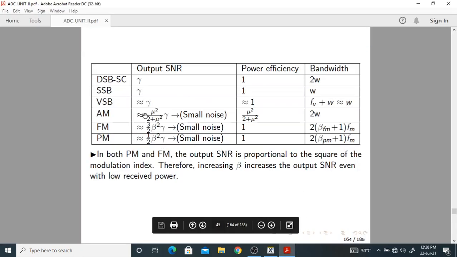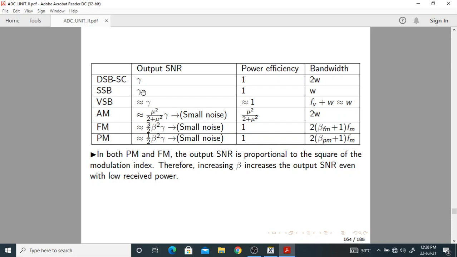Also, in this table we have represented the output SNRs in terms of gamma. Gamma is common everywhere. What is gamma? It is the baseband SNR, or the SNR without modulation. It is a benchmark.